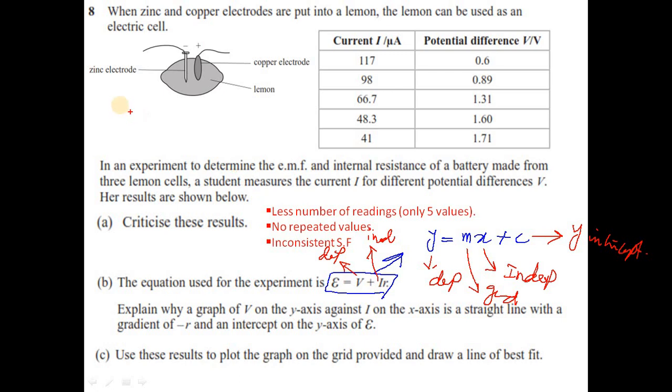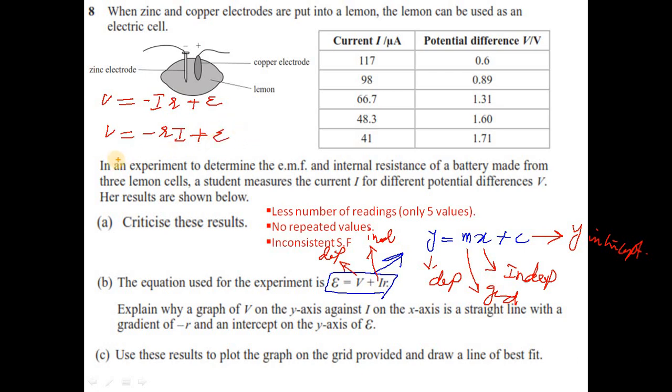So you can rewrite this equation as V = minus IR plus E, or epsilon. Instead of IR, I am writing minus rI, so I can compare easily, plus epsilon.